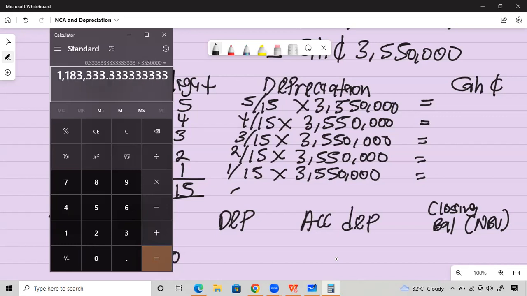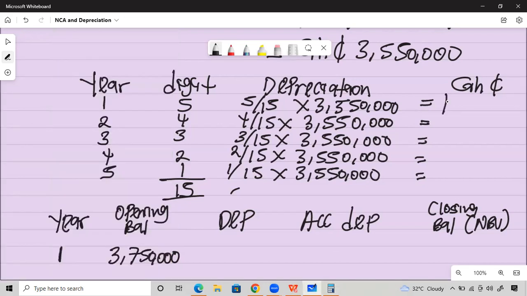So that means my depreciation now is 1,183,333 for the first year. You bring that one here: 1,183,333. The accumulated depreciation will be the same.